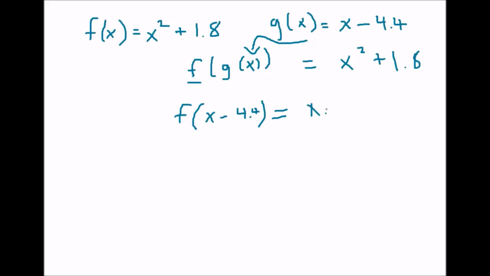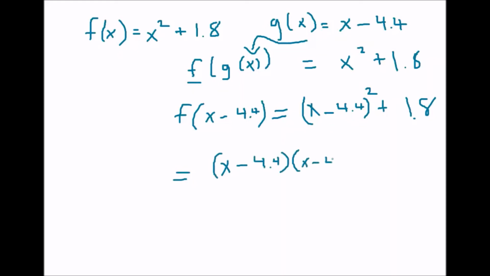So x minus 4.4 quantity squared plus 1.8. We're going to have to FOIL that out, because x minus 4.4 squared is not x squared minus that squared. It's actually x minus 4.4 times x minus 4.4, and then this plus 1.8.